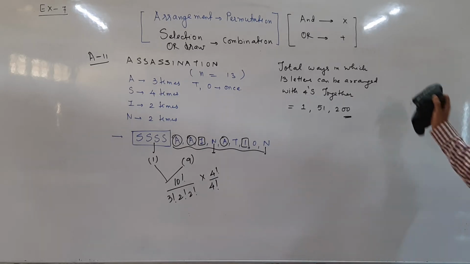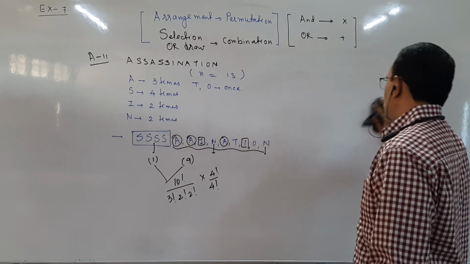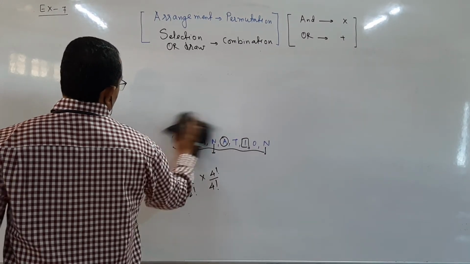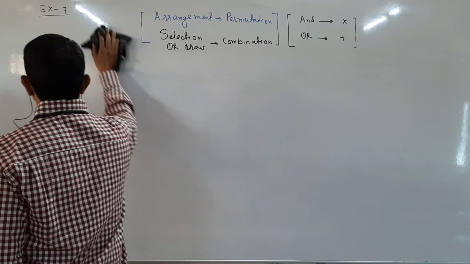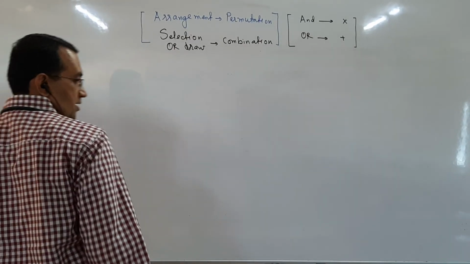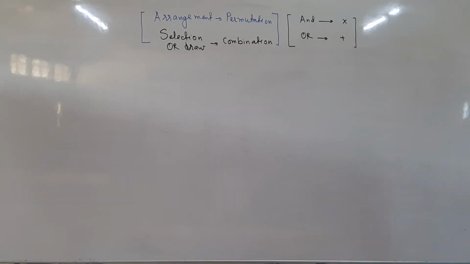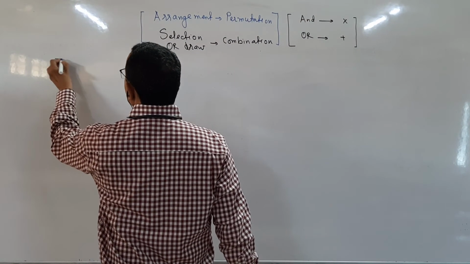Now, students, we revise for 5-7 minutes all the basics of the chapter once again, so that you people are very thorough with this concept. Now, pay attention, students. Our first approach to the chapter was the fundamental principle of counting.